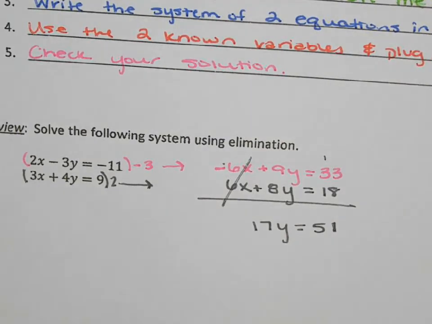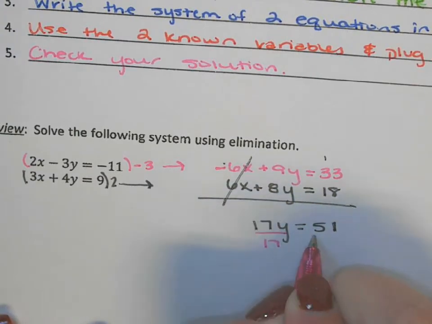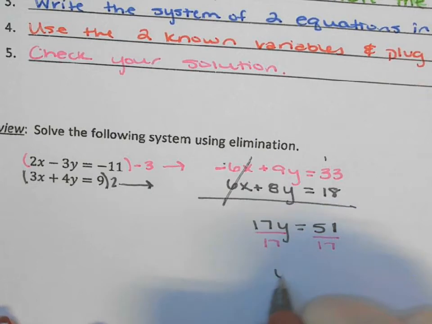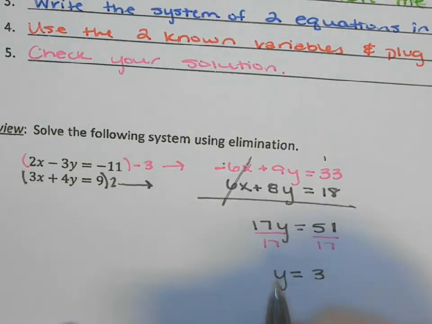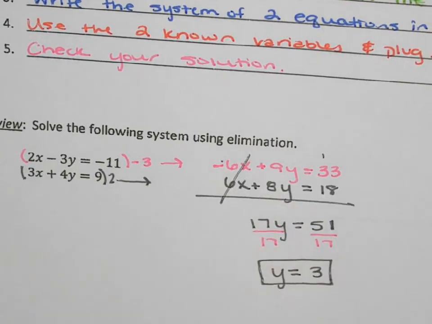What does y then have to be? Is it 3? All right. Am I done now that I have y? No. What do I have to do? Plug it back into one of the originals.